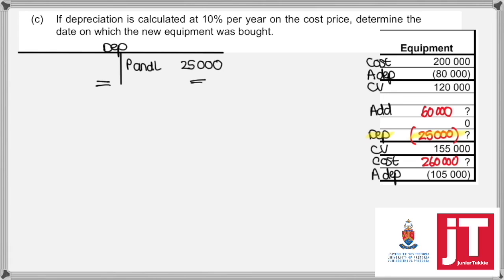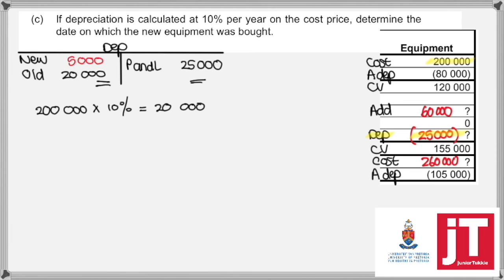My depreciation, the total depreciation for the year is 25,000, and this consists out of the old plus the new. So to calculate the depreciation on the old, I'm going to take the cost, 200,000, and times it with 10%. So if the total depreciation on the old is 20,000, I simply take the credit minus the debit, so the depreciation on the new amounts to 5,000.